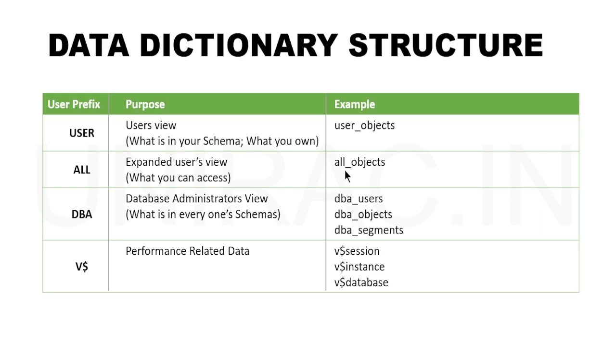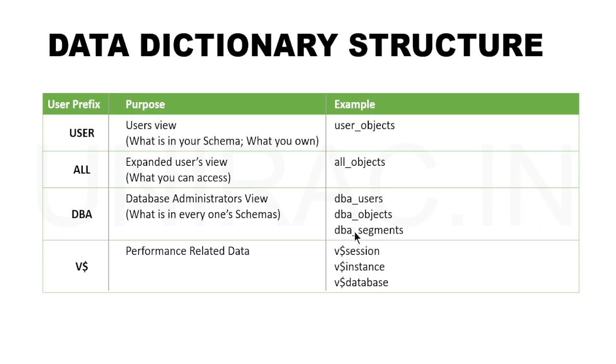All_objects is an example for the all_ prefix. If you use the prefix all_, it's an expanded version of your user view. It relates to the objects, but additional information is available from all_objects. And DBA_ is the prefix for the database administrator's view, where we can find information about changes made at the database level, in terms of user level, object level, segment level.